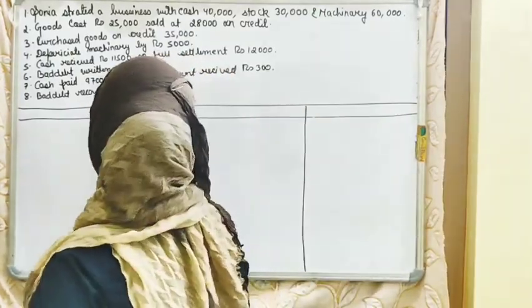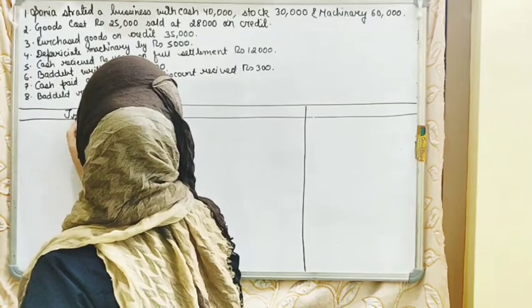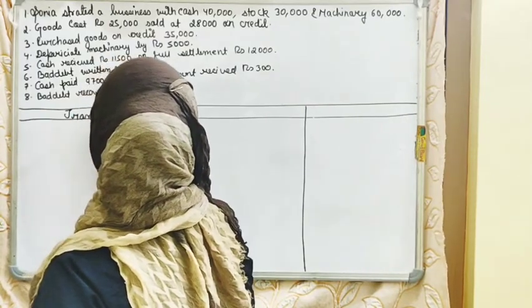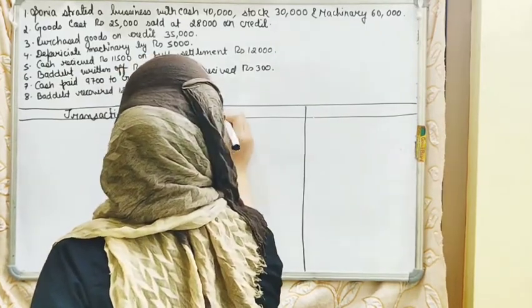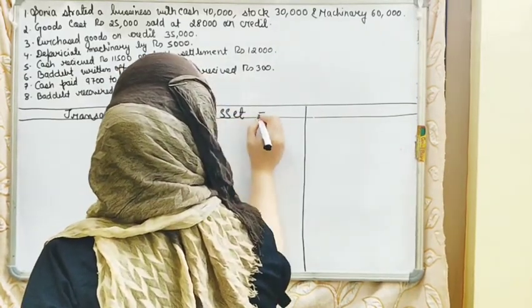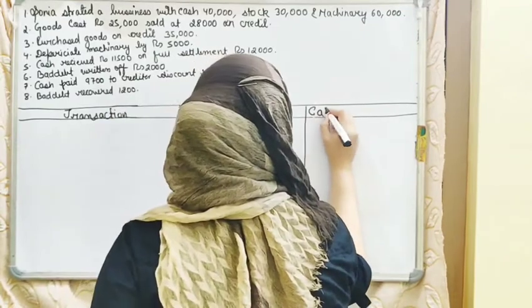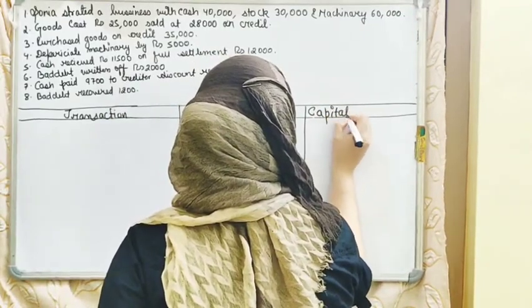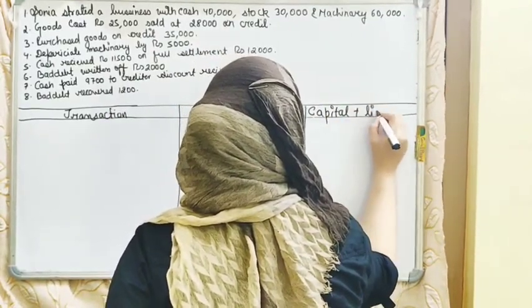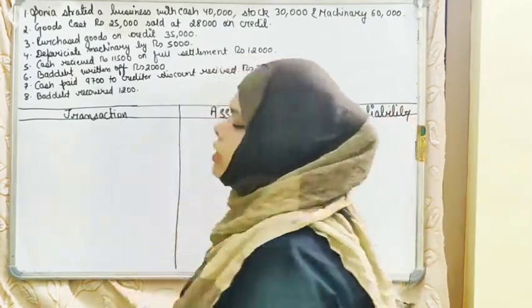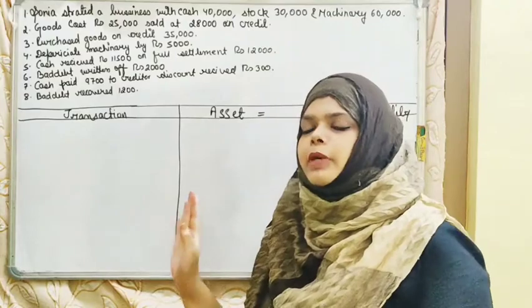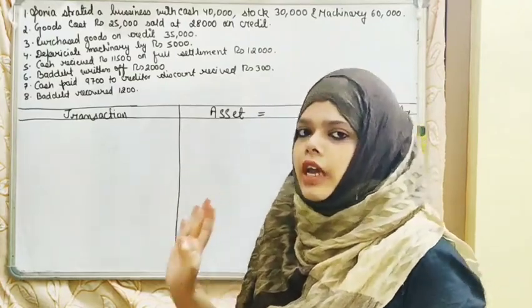So we will label the table: transaction, asset is equal to capital plus liability. So this is the proforma or specimen of the accounting equation.